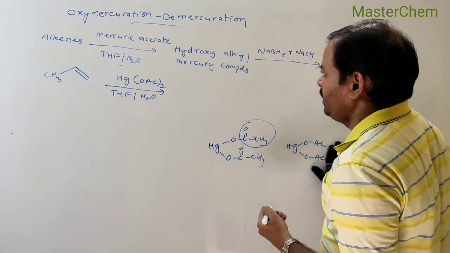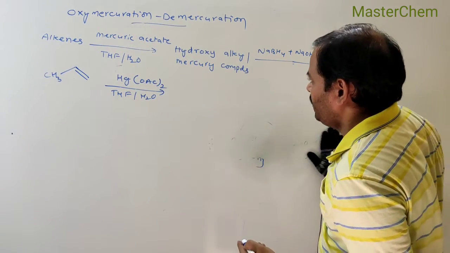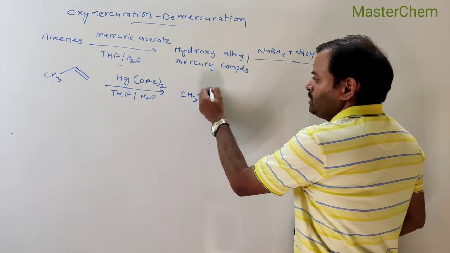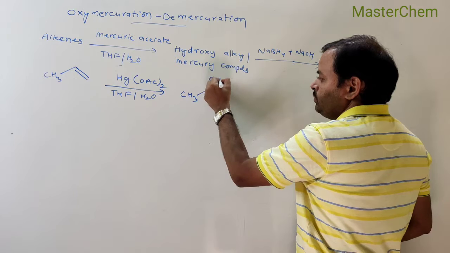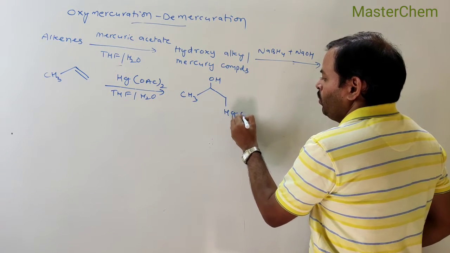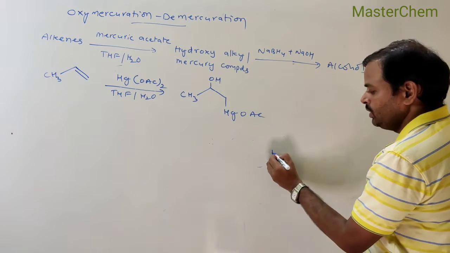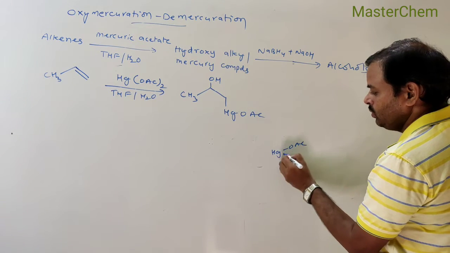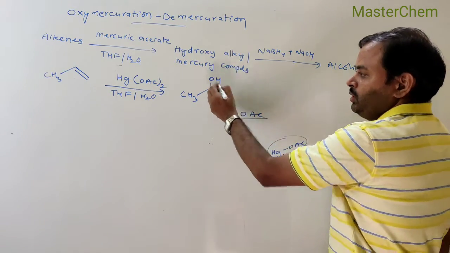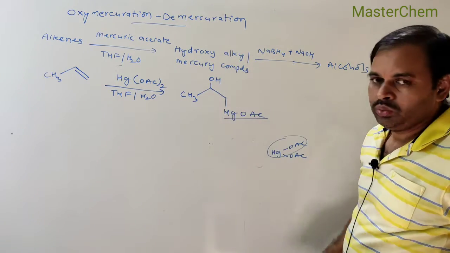So, what does it give? A hydroxyalkyl mercury compound. So, how is it? CH3CHOH, here HgOAc. So, one HgOAc is at one carbon, and at the other carbon an OH group is attached.